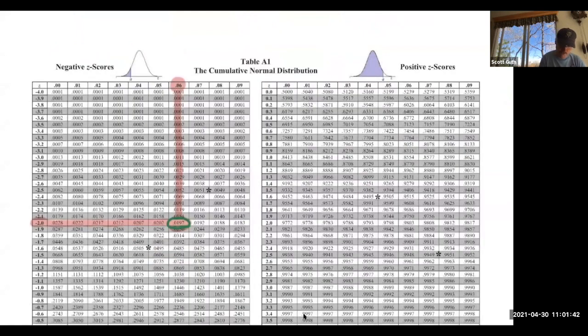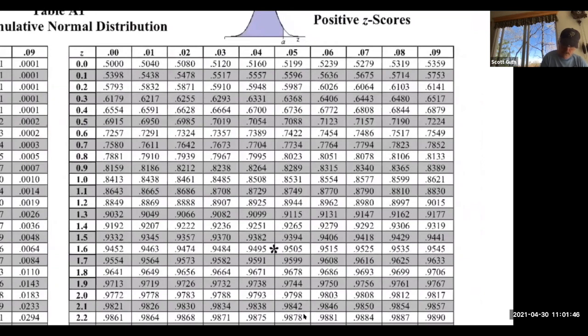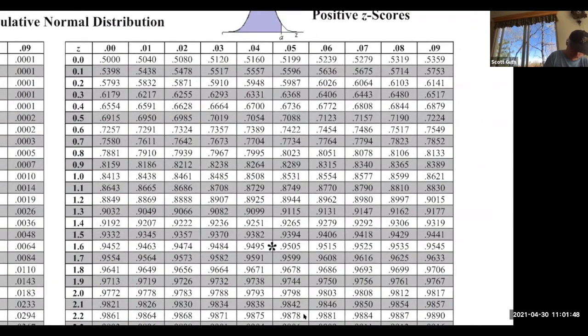Here we go. It says 0.9599. But that's the area to the left. This table only gives areas to the left, and we actually want the area to the right.